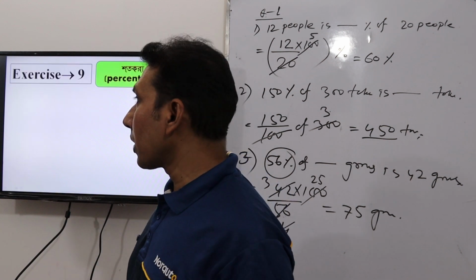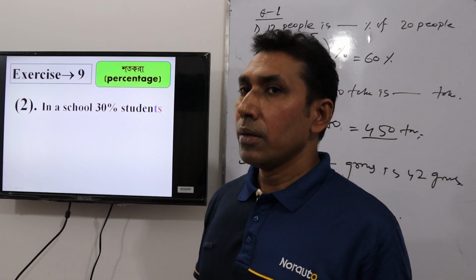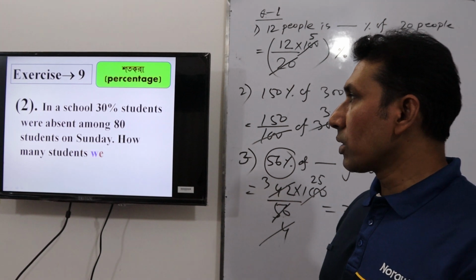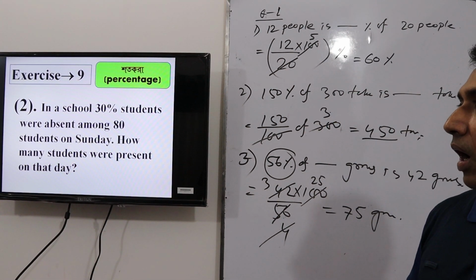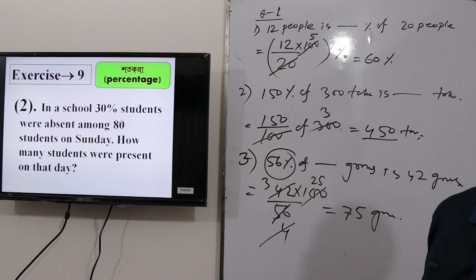Now question number 2: in a school, 30% of the 80 students were absent on Sunday. How many students were present on that day?